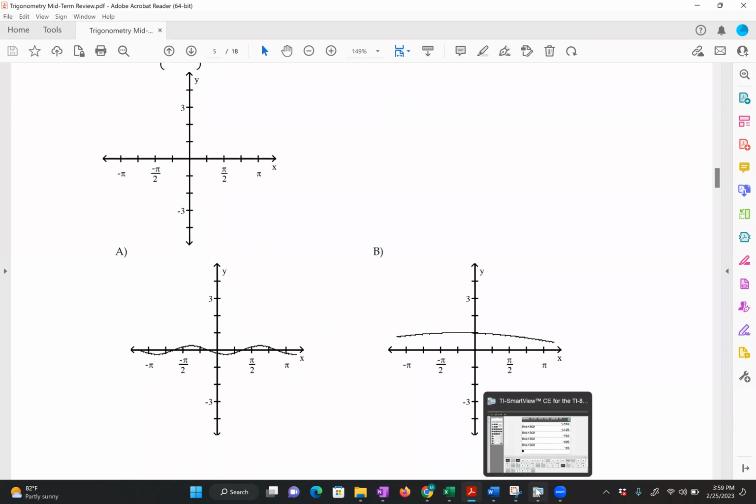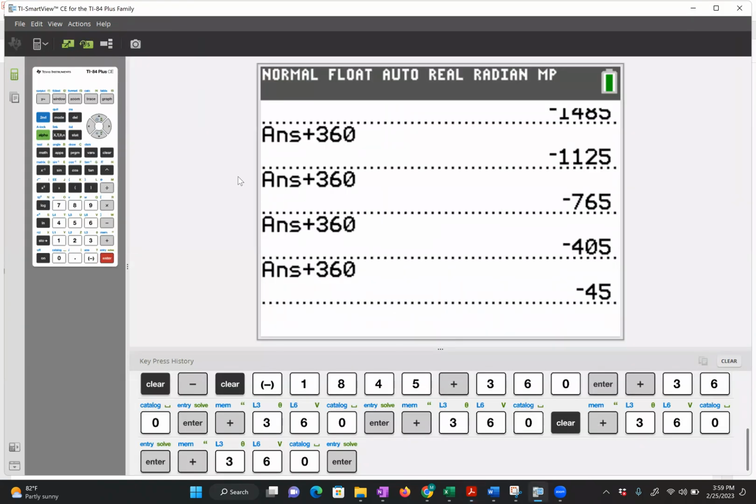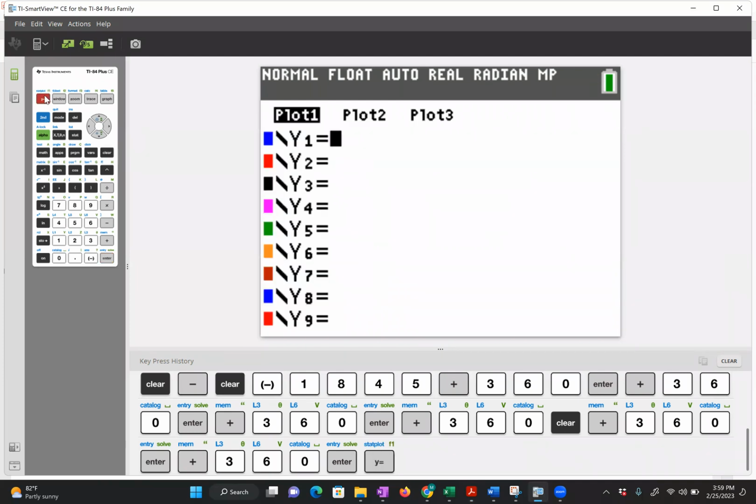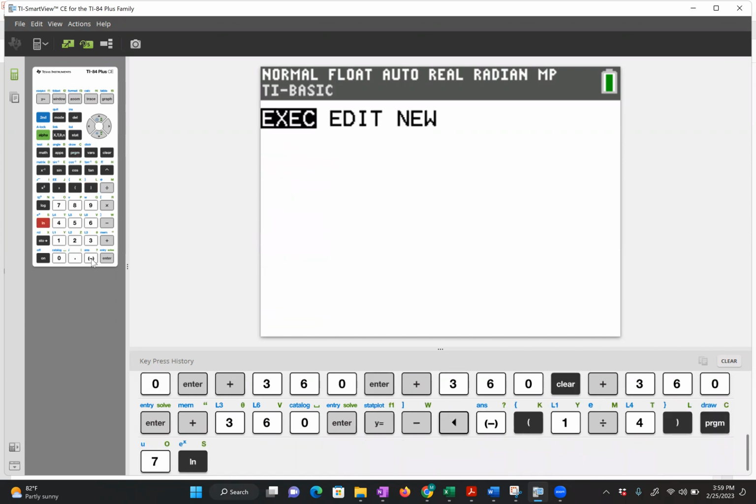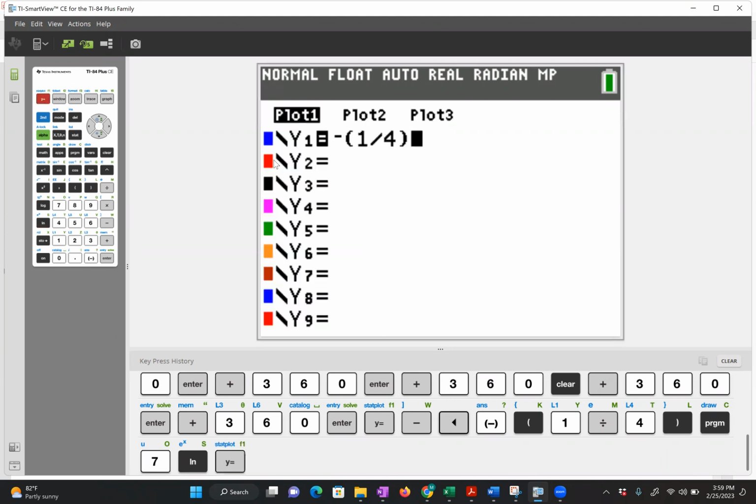So for the sake of the example, let's go to y equals. I'm going to put in negative. Oh no, the calculator is going to yell at me. It has to use your little integer. Parentheses 1 divided by 4. Cosine. I have no idea what just happened, so bear with me. Cosine, I have to fit this.